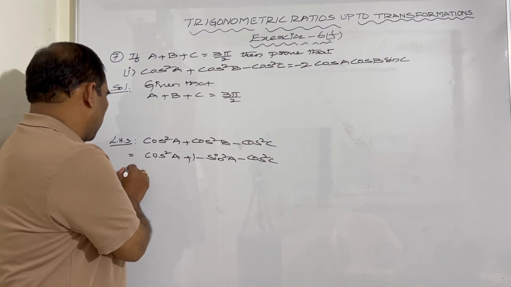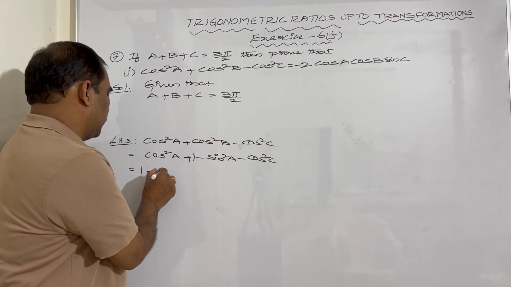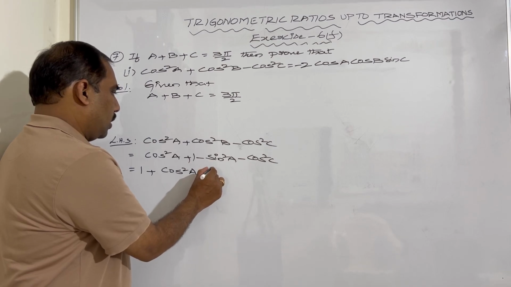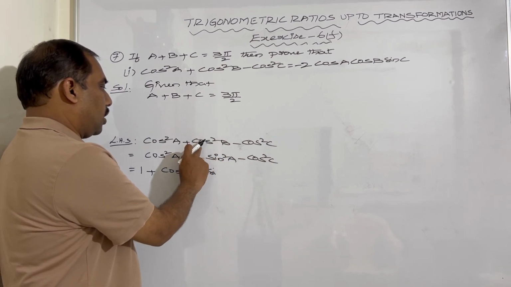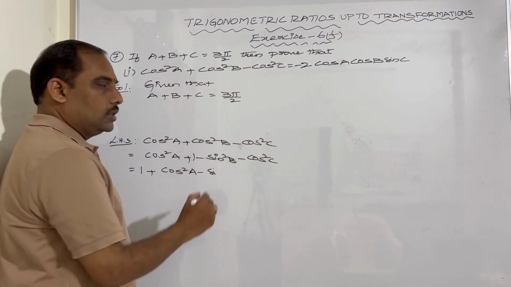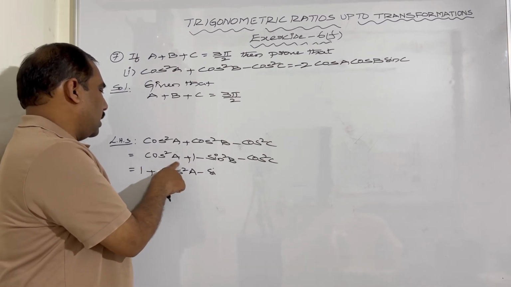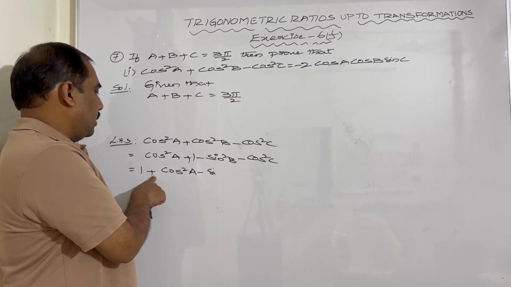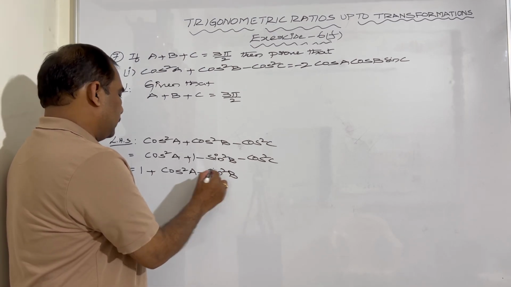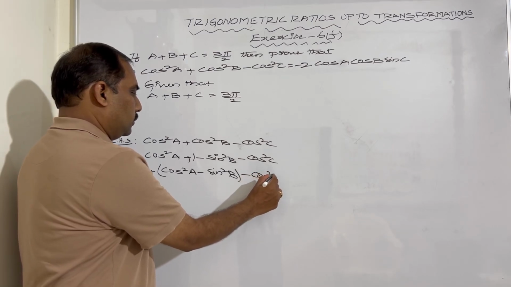Now this 1 I write in the beginning, plus cos square a minus sin square b, treating it as one term, and minus cos square c.